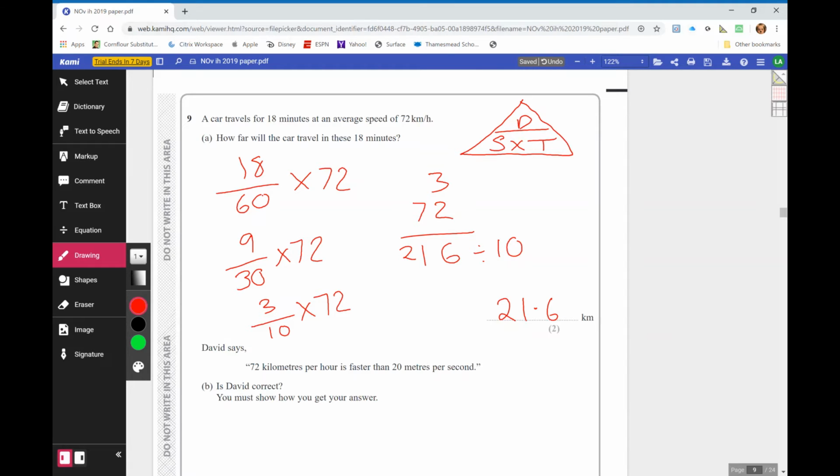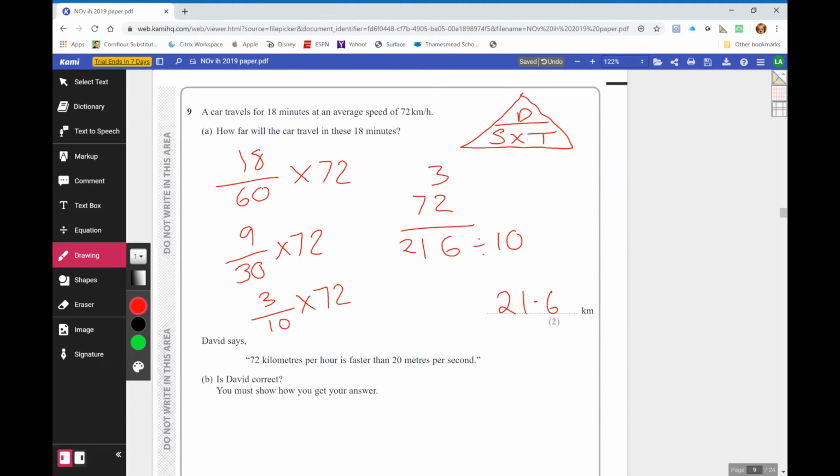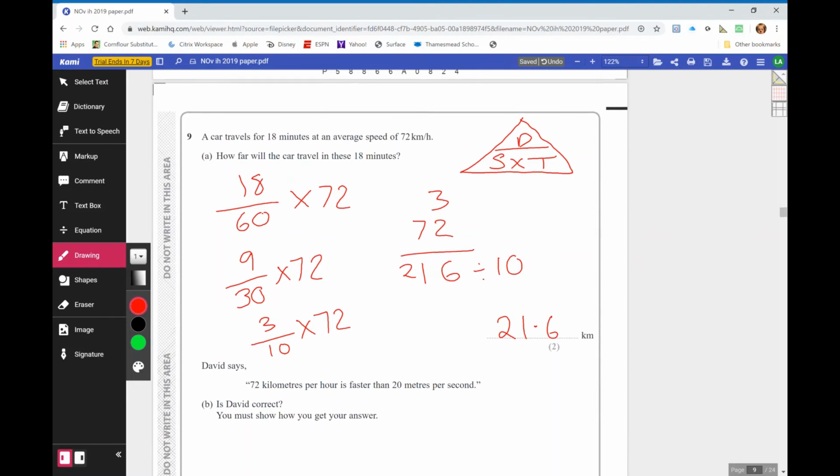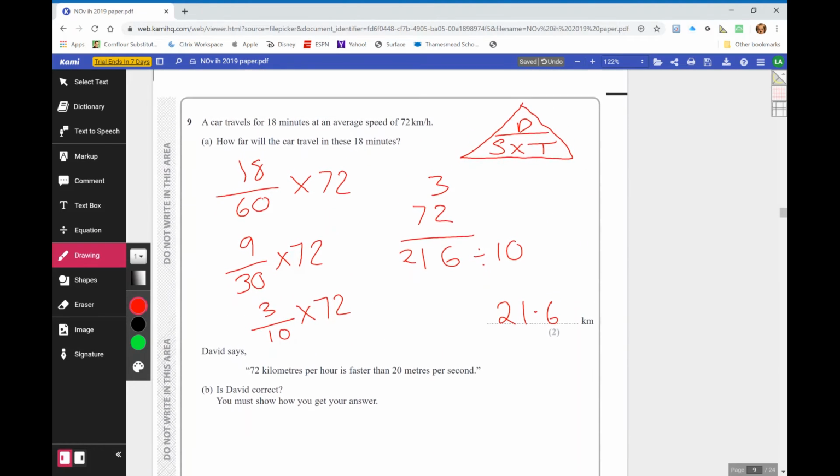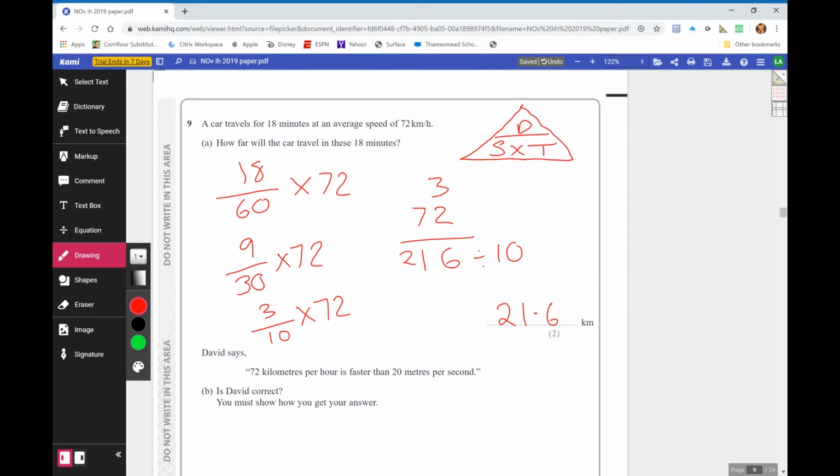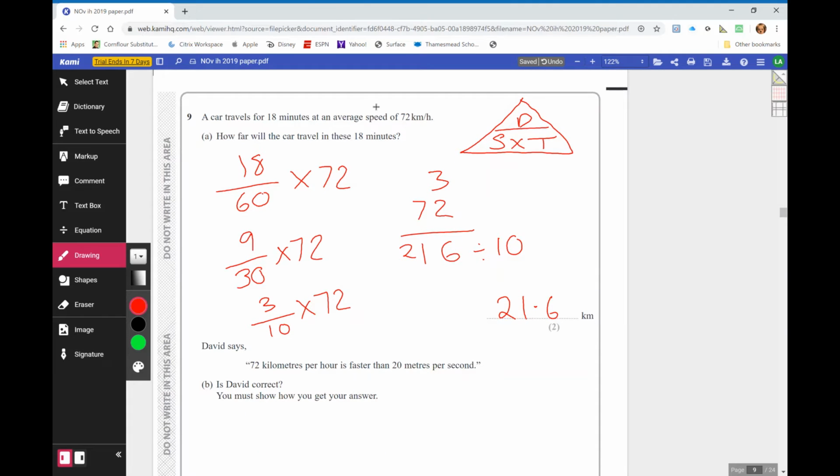Okay, so that's how far, the distance they'll travel in that time. And it kind of looks about right, doesn't it? It's about a third of the way. 72, that seems about right.